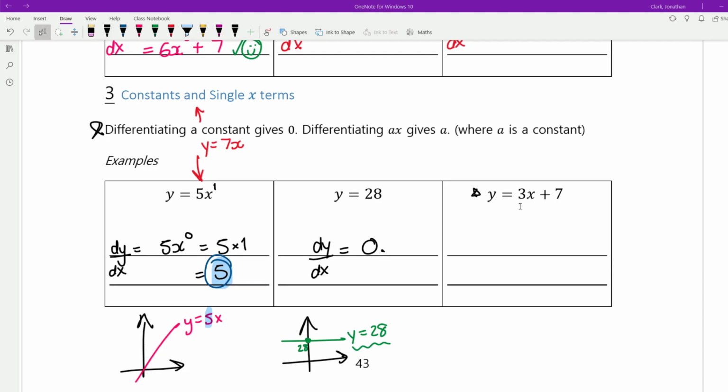And finally, we've got this last one here, y equals 3x plus 7. Again, you might have some inkling of what's going to happen based on the previous two. But the line y equals 3x plus 7, something like this. It's got a gradient of 3, and it's got an intercept of 7.